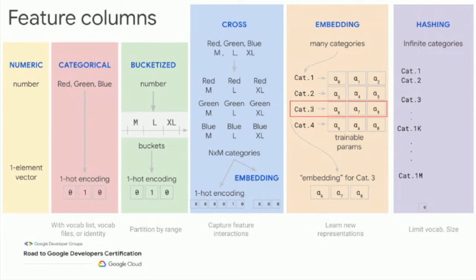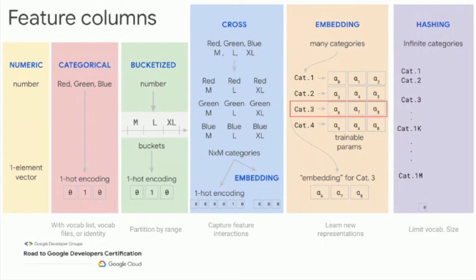And then it's going to do, again, by M categories because of the number of the ones that we're going to have. And then it's going to be encoding for that. Then we can embed many categories. And then we have the hashing, that we can use for infinite categories.